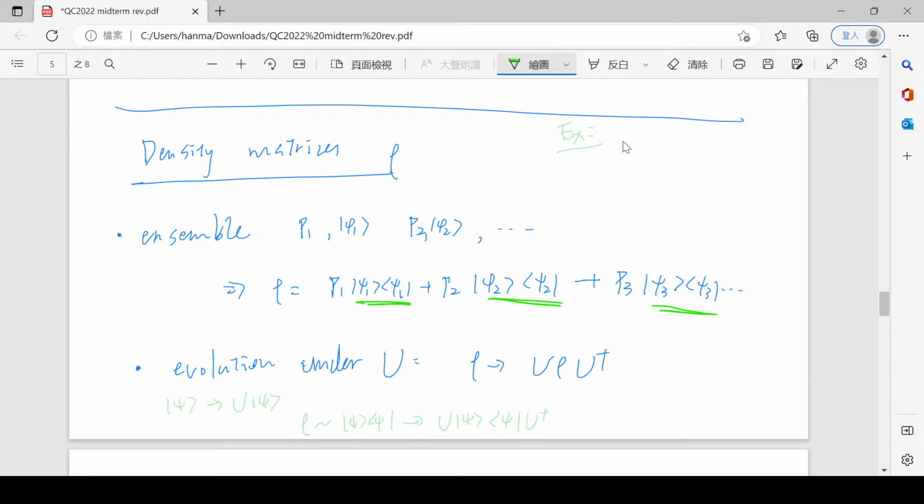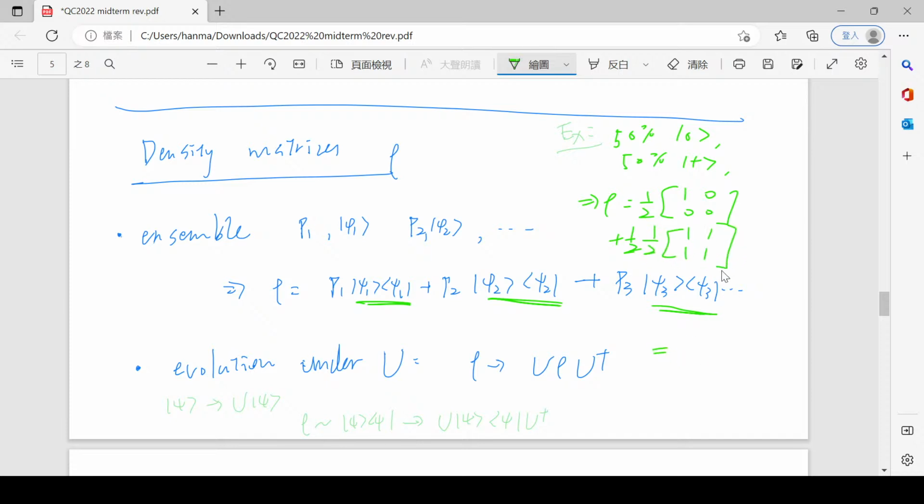So for example, if you have 50% being the zero state and 50% being the plus state, then rho will be 1 over 2 times the matrix (1, 0, 0, 0), plus 1 over 2 times the plus state projector, which is also 1 over 2 times (1, 1, 1, 1).